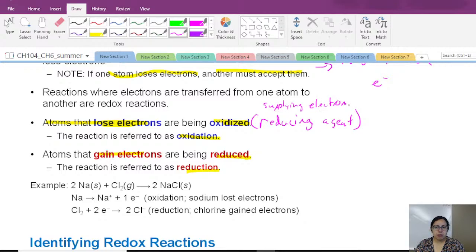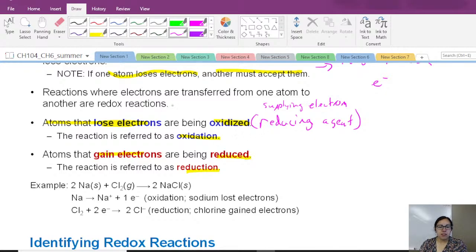What type of elements do you think are going to tend to be oxidized, or undergo oxidation? The D block would also potentially be oxidized, not the P block. Who's giving up the electrons?